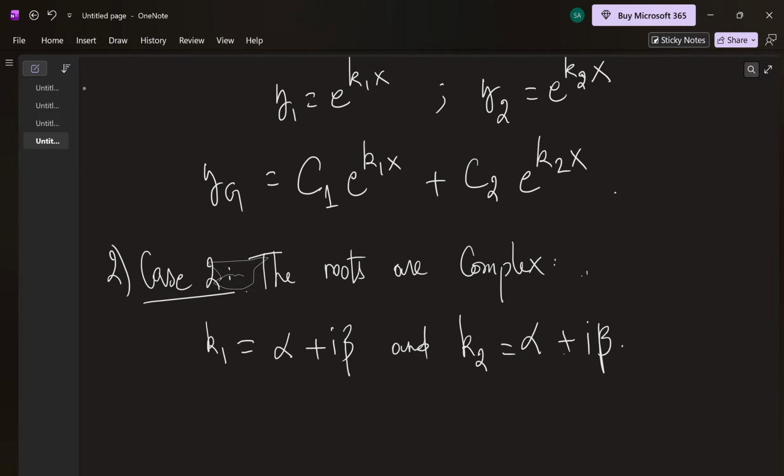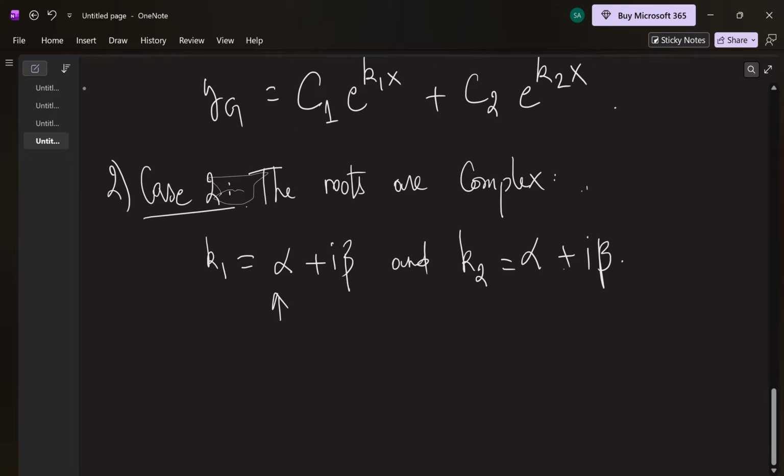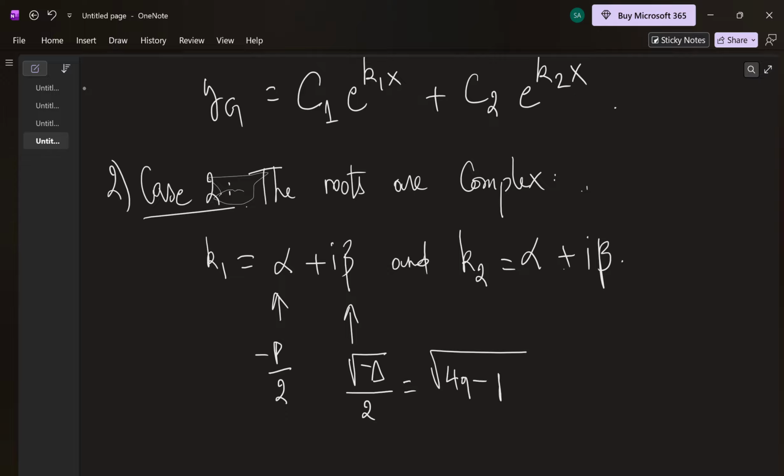So in this case, alpha, as we have seen before, is simply minus p over 2, and beta is simply equal to the square root of minus delta over 2, which is equal to the square root of 4q minus p squared all over 2.